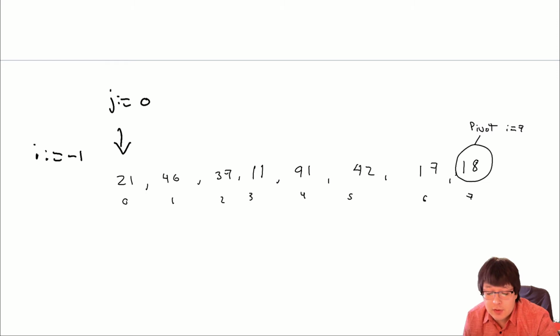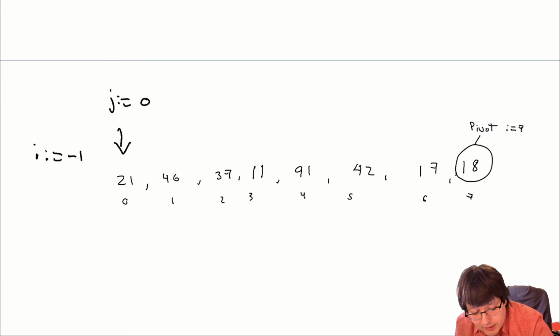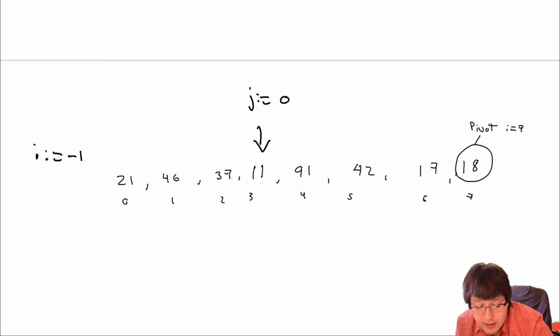What he does is start out by increasing J until he finds an element that is smaller than the pivot. So he starts at 21 and increases until he finds an element smaller than the pivot, which in this case would be 11.